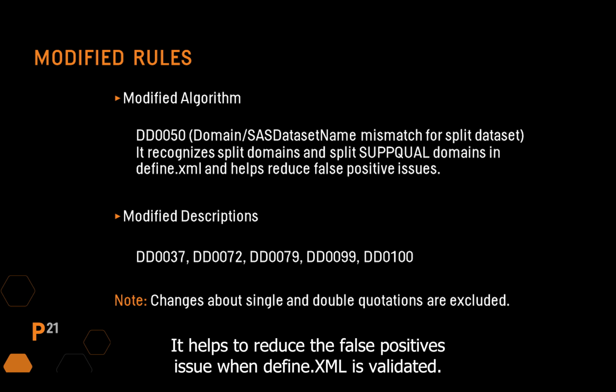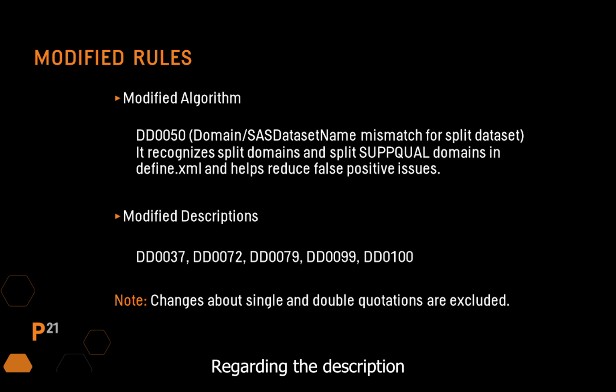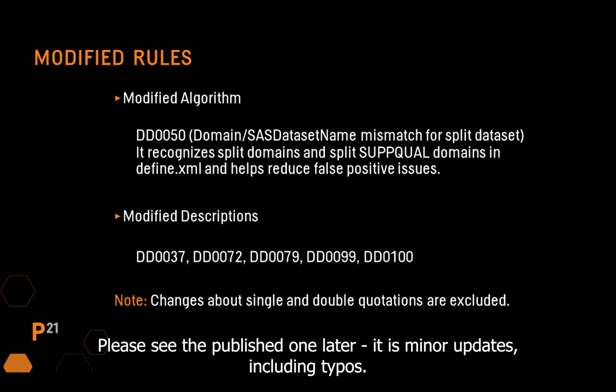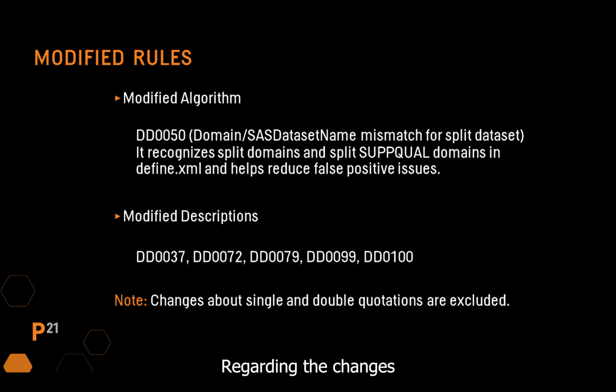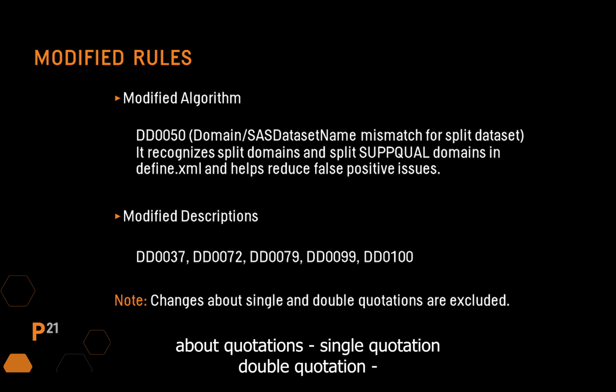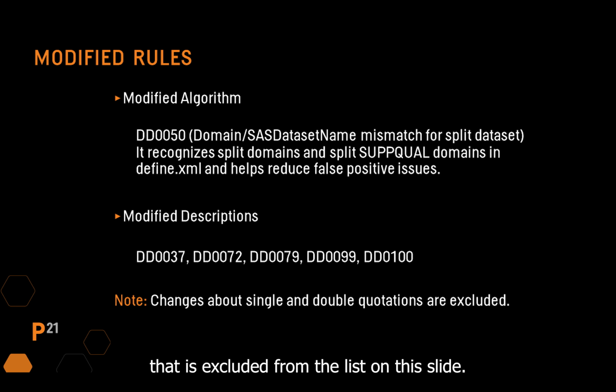It helps to reduce the false positives issue when Define.xml is validated. Regarding the descriptions, please see the published ones later. They are minor updates, including typos. Changes about quotations, single quotation and double quotation, are excluded from the list on the slide.